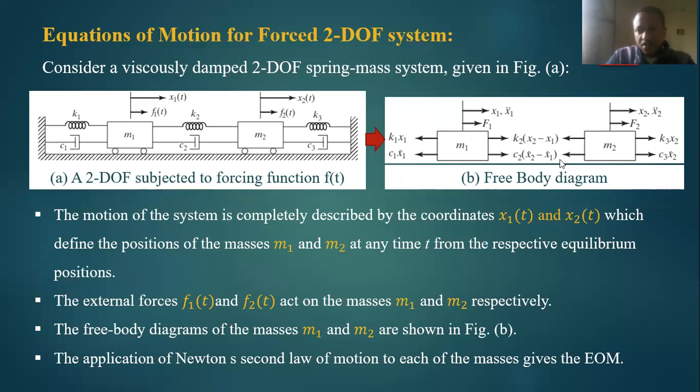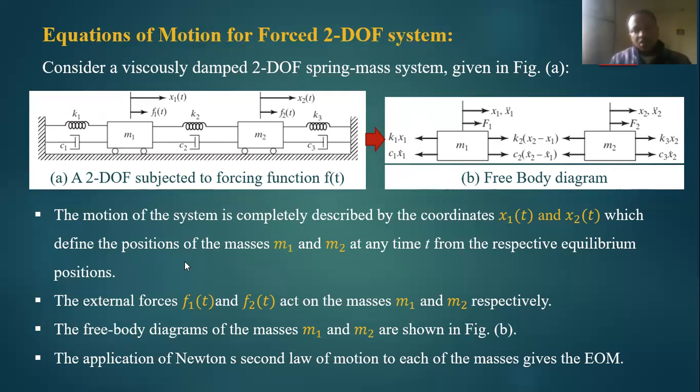So here also, X2 minus X1. When we consider M2 displacing towards this point, the displacement X2 is greater than X1, so we have X2 minus X1. That is the relative deflection or displacement between M1 and M2.